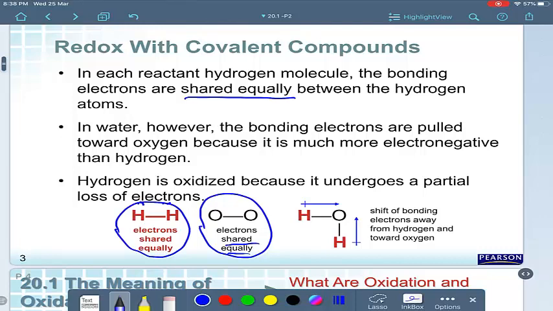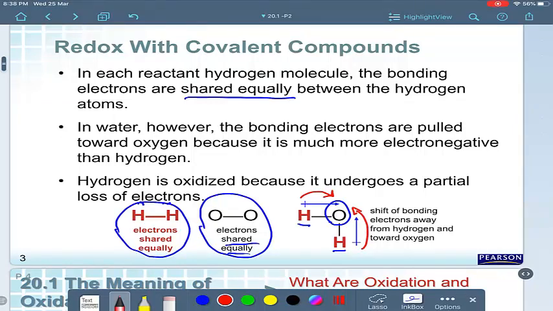In the case of water, remember that oxygen has higher electronegativity than hydrogen. So what happens here is we cannot say transferring, but partially transferring, or we can say attracted. The electrons are attracted toward oxygen here and here. Why?